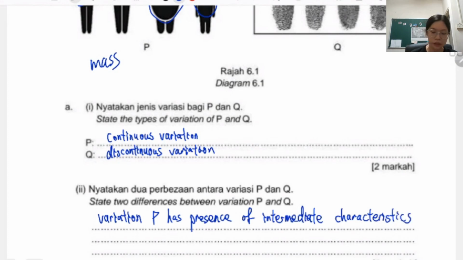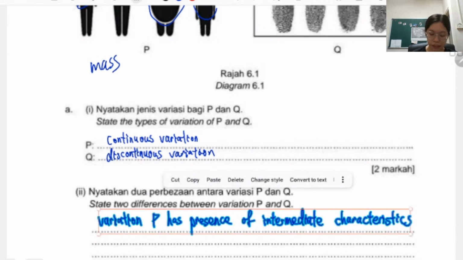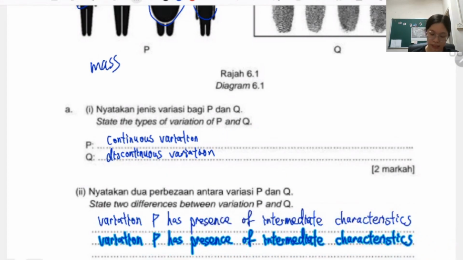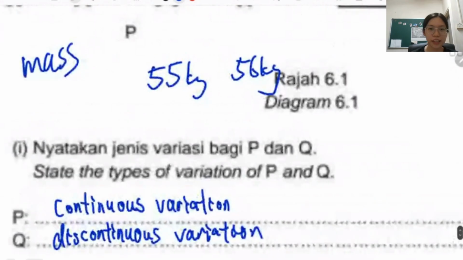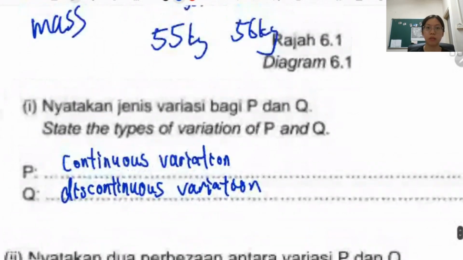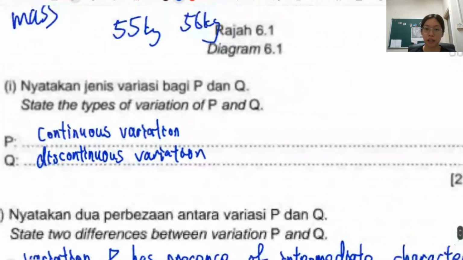So what does intermediate characteristic mean? It means that it has something in between them. Let's take an example. 55 kg, 56 kg. Is there anything in between them? Yes, there is a presence like 55.1, 55.2, maybe 55.25, right?